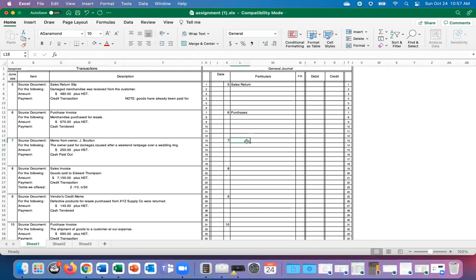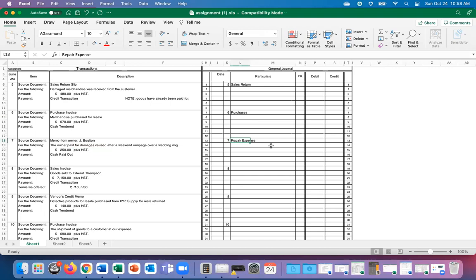So since we're paying for repairs to something, we are going to debit our repair expense account. And the repair expense account would be one that we might have gotten in our previous assignments. It's not special to a merchandise business. In fact, this entire journal entry or this entire transaction is something that we could have done in previous assignments with a service business as well as a merchandise business.